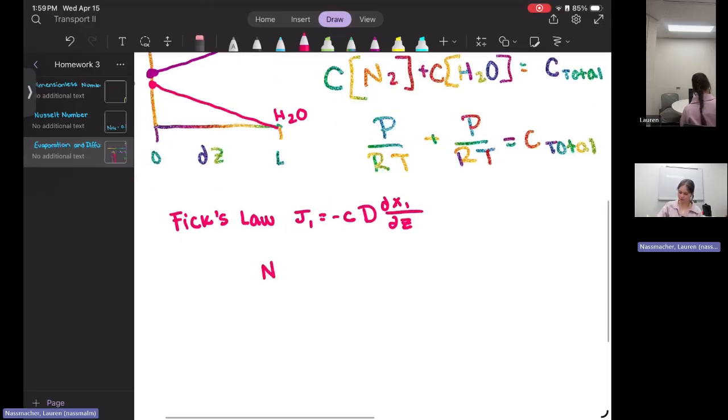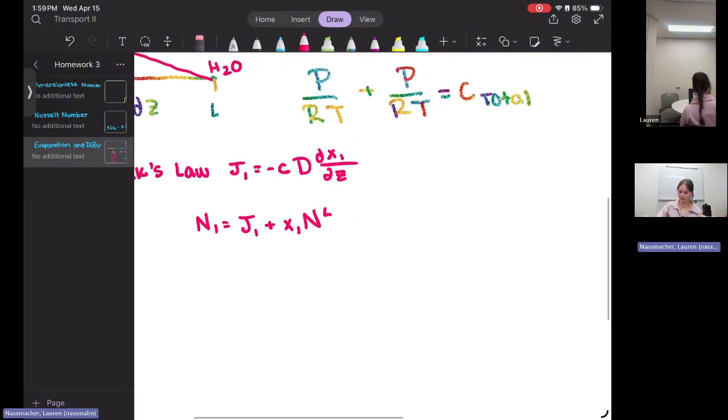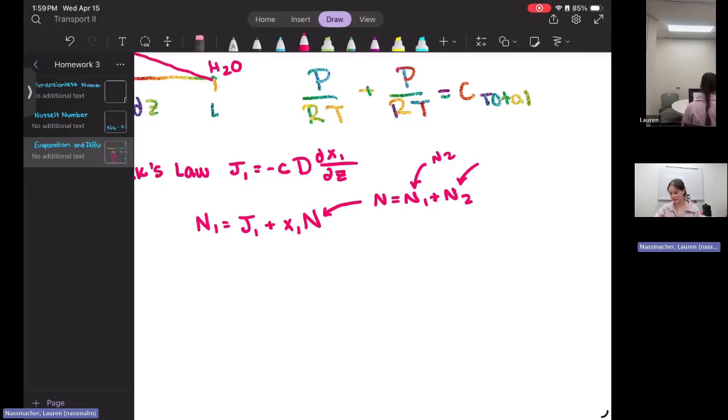And our overall flux is equal to our molar flux plus x1 multiplied by our flux. And this N is equivalent to N1 plus N2. And each of these is in reference to each of the chemicals being used. So this would be N2, like nitrogen gas, not this N2. It would be nitrogen gas, and the other one would be water.